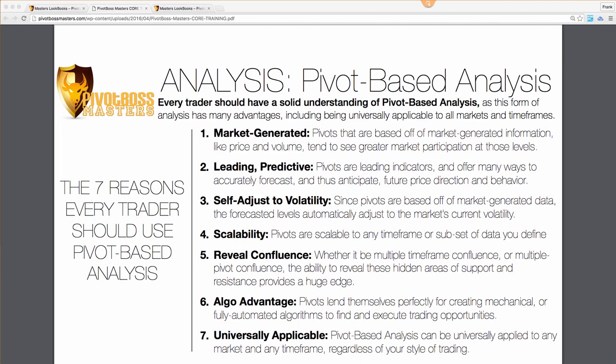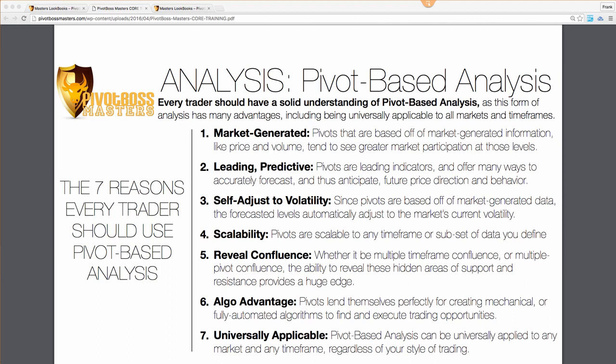And so some of the great reasons that you should be paying attention to pivot-based analysis, if this is your first introduction, is number one, it's market-generated information. These pivots are based off of market-generated data, like the open, high, low, close, for example, or the volume. And when you have indicators or pivots that are based off of market-generated information, you tend to see greater market participation at those levels.